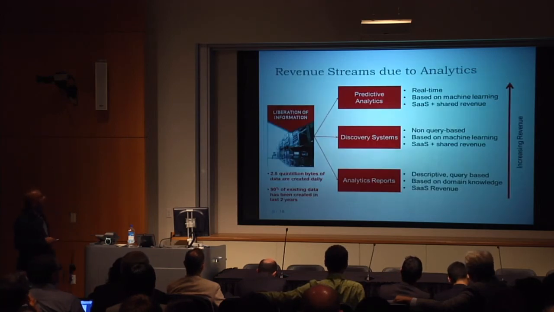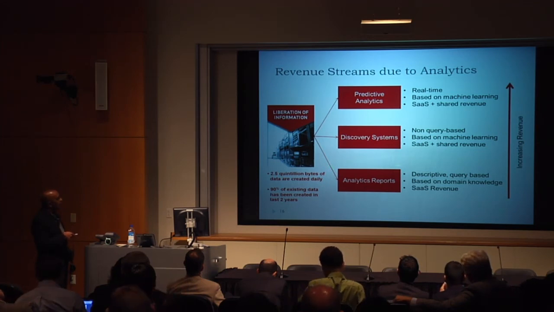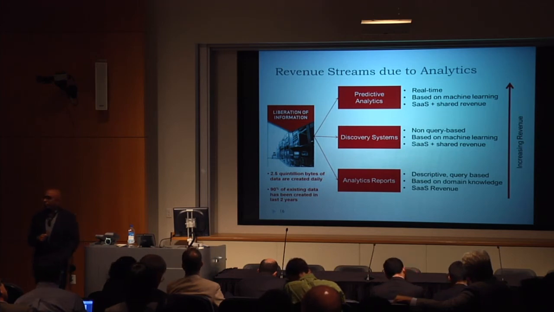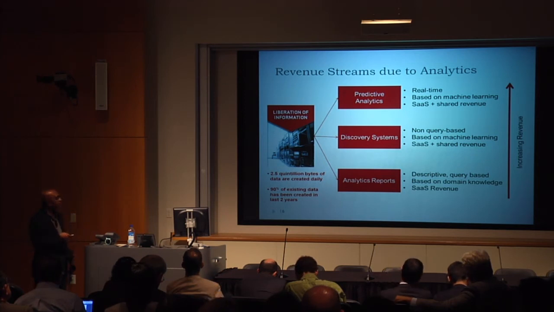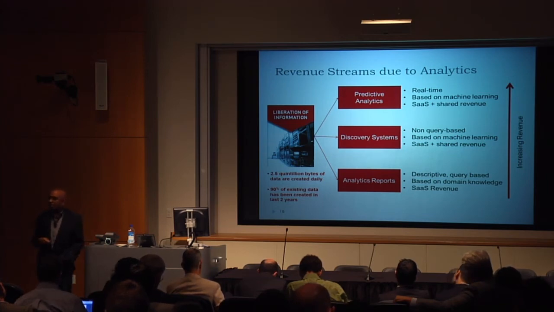So when you think about this from the business standpoint, there are different revenue streams that can be due to analytics. And I'm going to draw a line here and say, if you think about reports, it's kind of important. And as it was pointed out before, it can generate some revenue for a company like a telecommunications provider or a bank or some of these large corporations. But really, as you move up the stream to discovery systems, like I was describing, where something new is discovered and perhaps told to an individual and said, did you know that these kinds of attributes are predictive of customers that are likely to be interested in your next product or service?